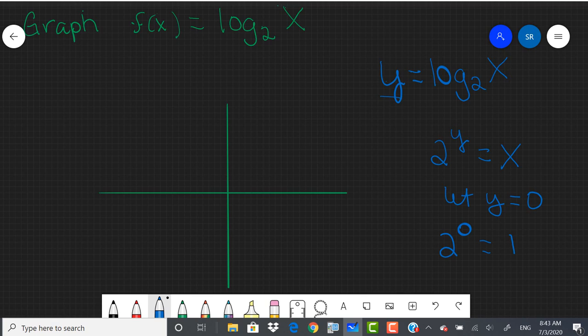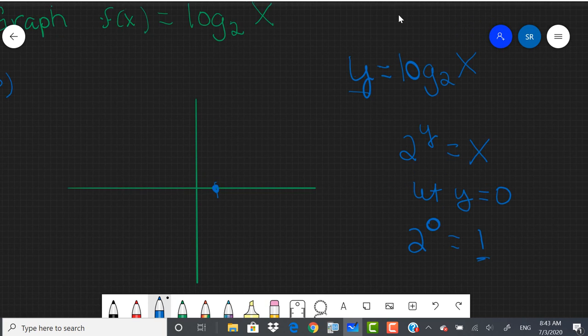So my first point here, remember my x is on this side of the equation, so be careful here. So my first point is going to be 1, 0, which will be right here.